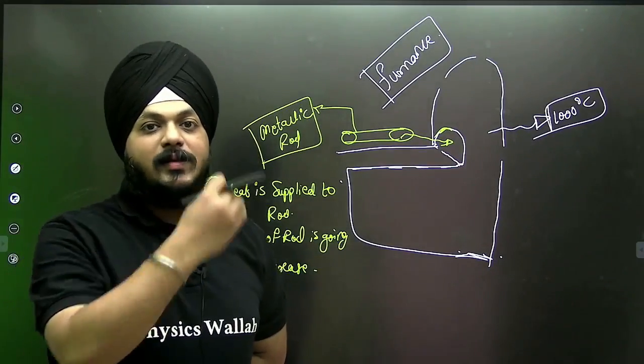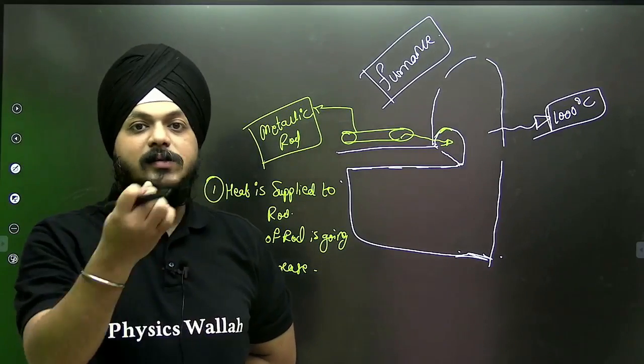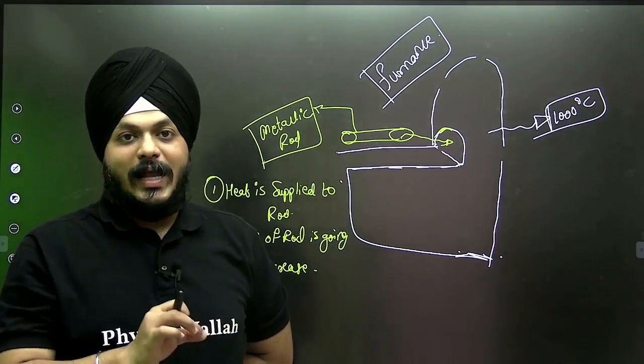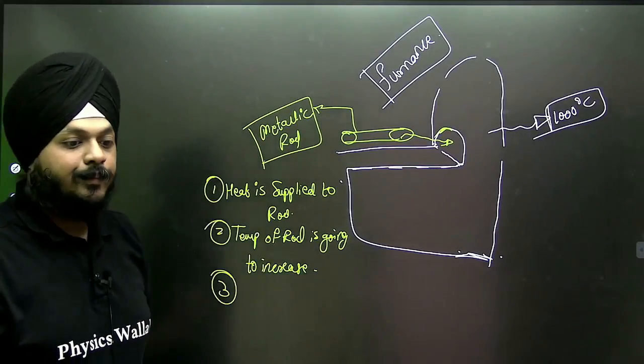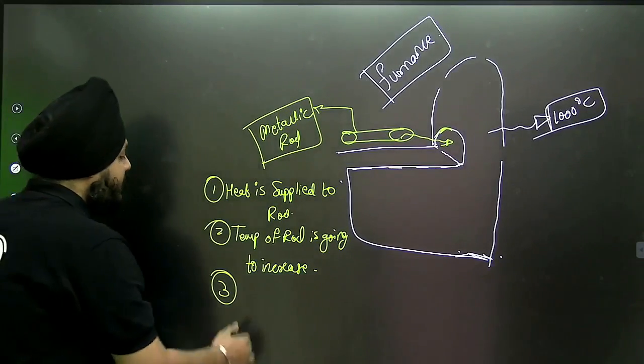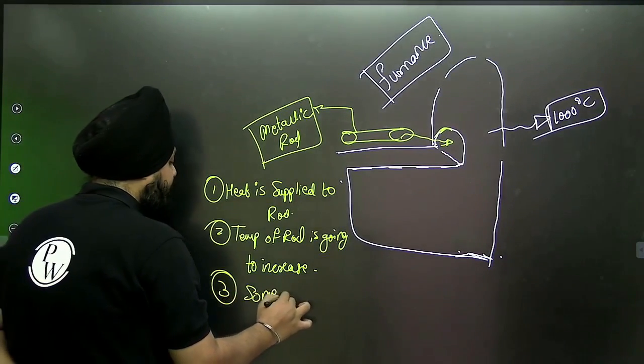The rod is kept inside the furnace. Furnace temperature is 1000, rod temperature is less. Now the temperature of the rod is going to increase. Some part of the rod will melt.